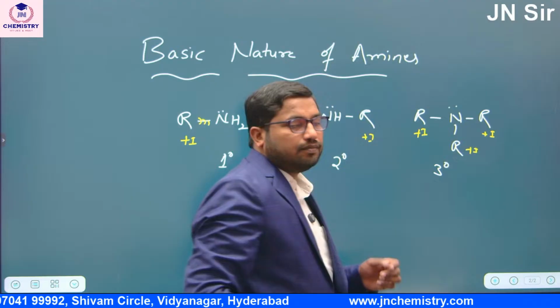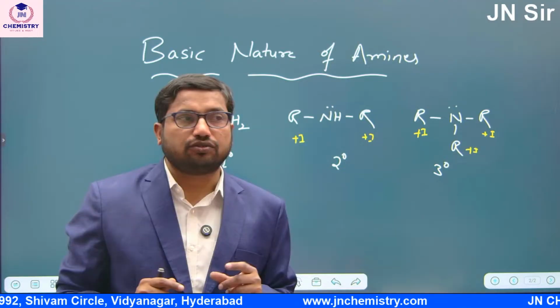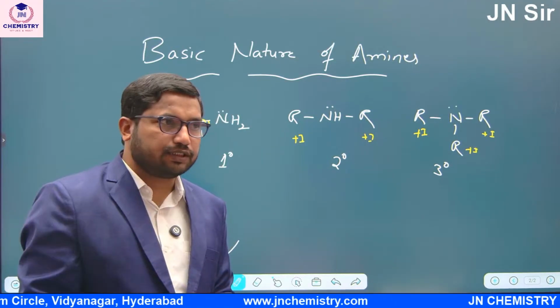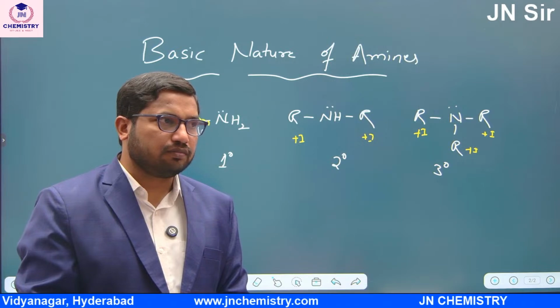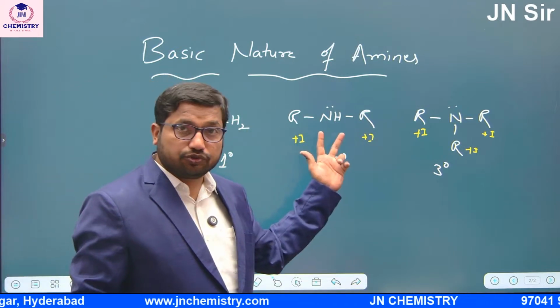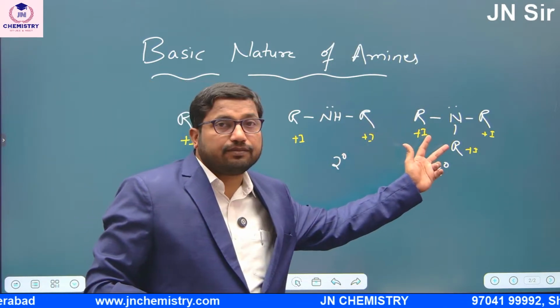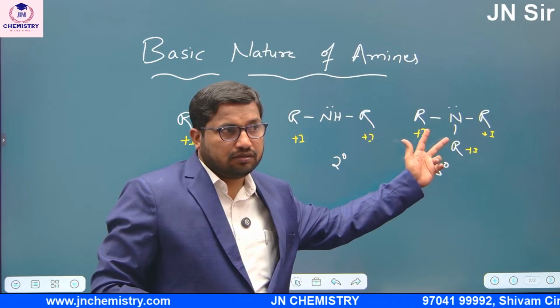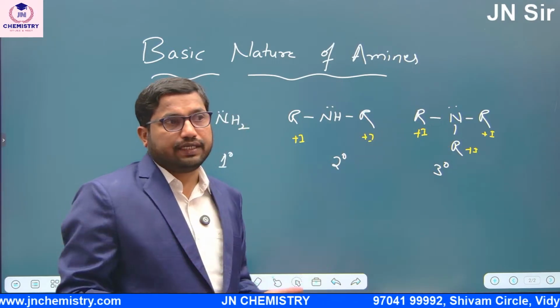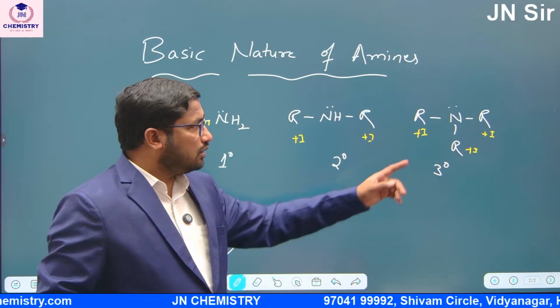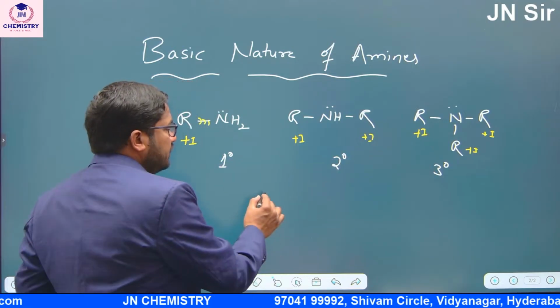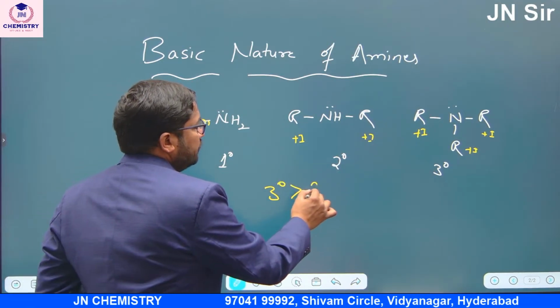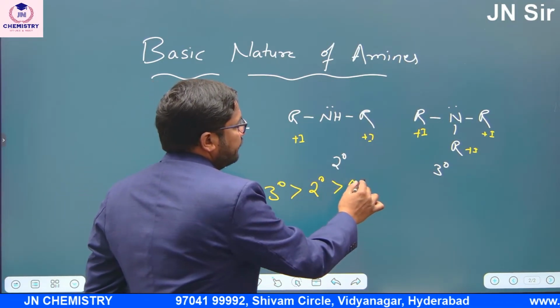For example, if I'm getting money from only one source, shall I donate more and more? Or if I'm getting money from two sources, or from three sources, where will I donate more? Third case, right? So obviously 3 degree, then 2 degree, then 1 degree.